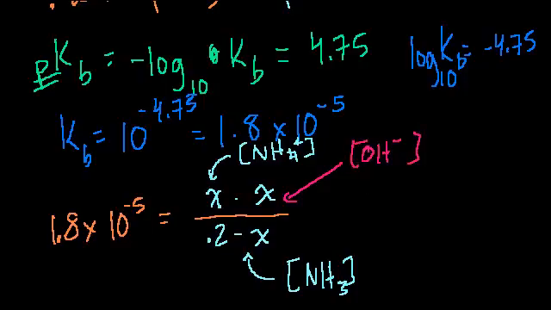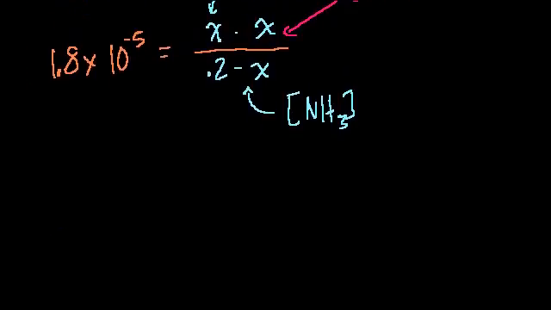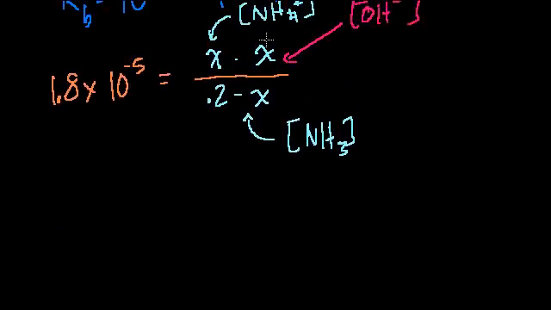And we just solve for X. And then once we have X, we know the concentration of OH. We'll be able to figure out the pOH, and then we'll be able to figure out the pH. Okay, multiply this times both sides of this equation. And just so you know, that same simplification step that we did in the previous video works when this is several orders of magnitude smaller than this right here.